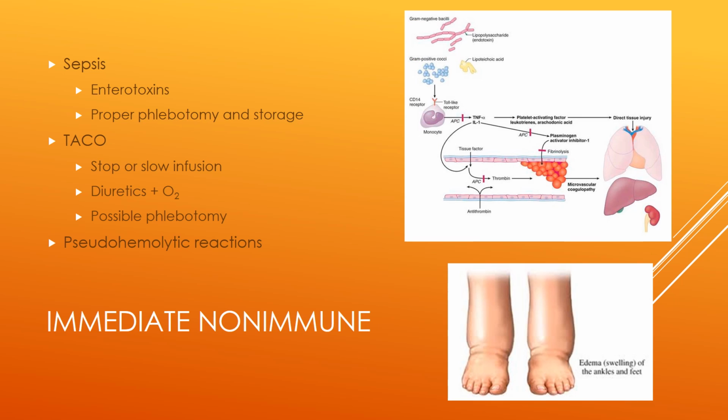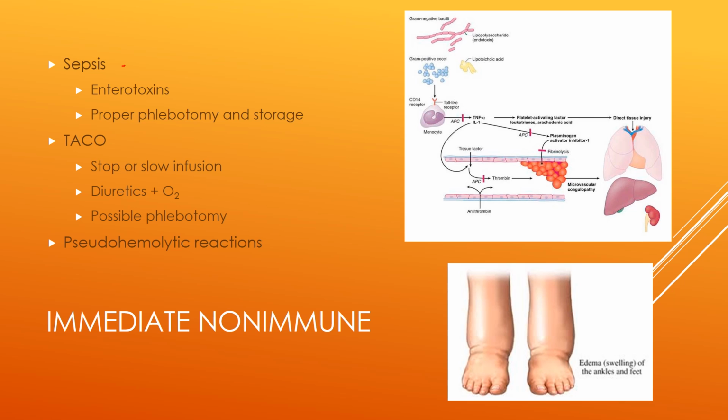And then if we go to the immediate non-immune issues, these are things that are considered immediate, meaning they occur very close to the transfusion, and they are non-immune responses because they are not directed against the red cell. Sepsis is an unfortunate factor.